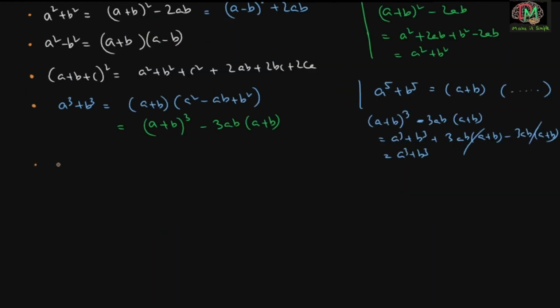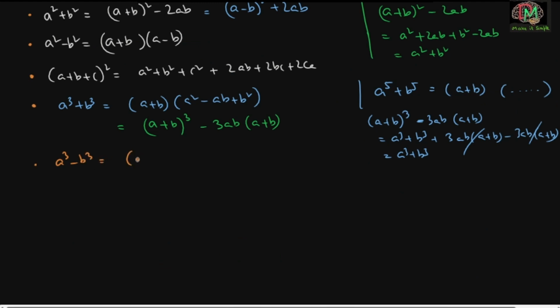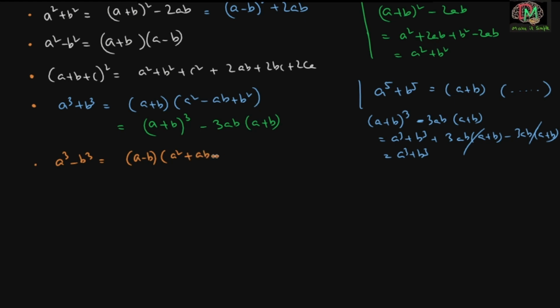Next algebraic identity is a cube minus b cube. You can write as (a minus b)(a square plus ab plus b square), because for a cube minus b cube, since the power is odd for both terms, there is a factor a minus b, and this is the quotient part.